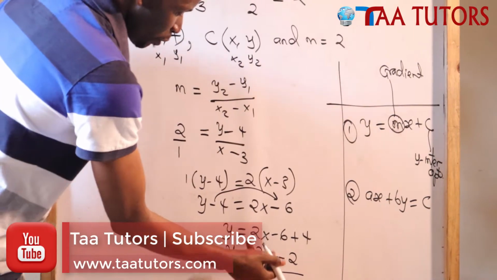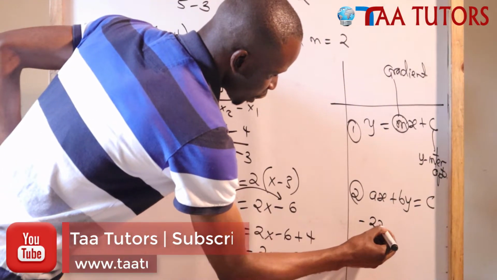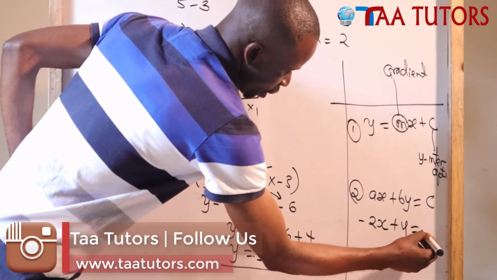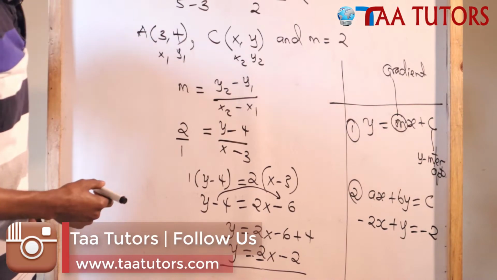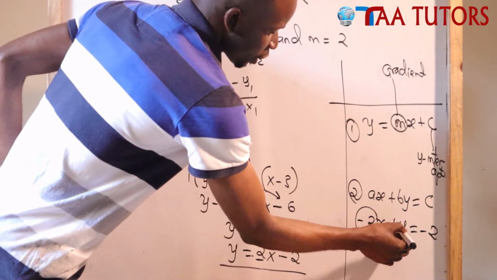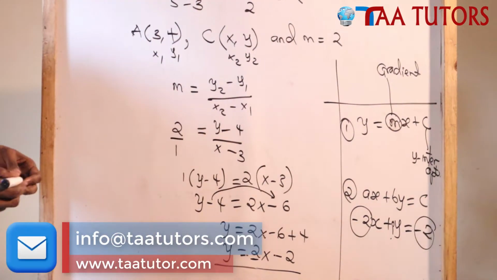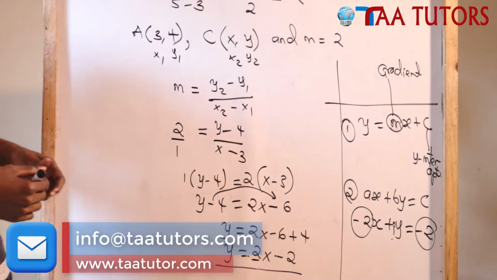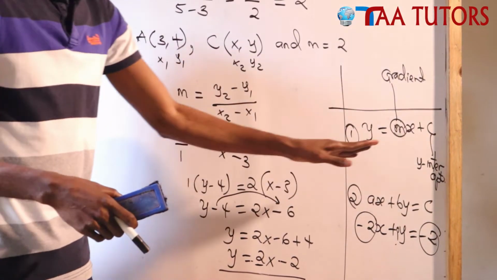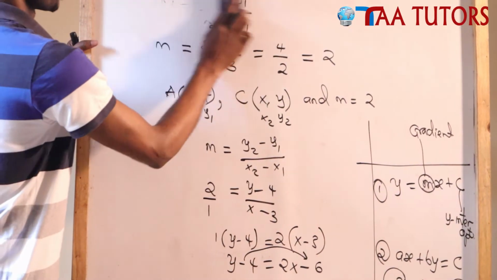If I bring it to the other side of the equation, it will be negative 2x plus y equals negative 2. So my a is negative 2, my b is 1, and my c is also negative 2. It is very important for you to know how to express the final answer in either y equals mx plus c or ax plus by equals c.